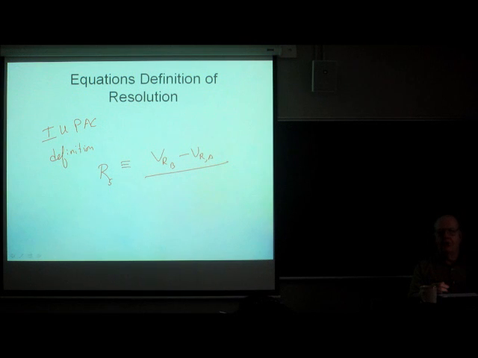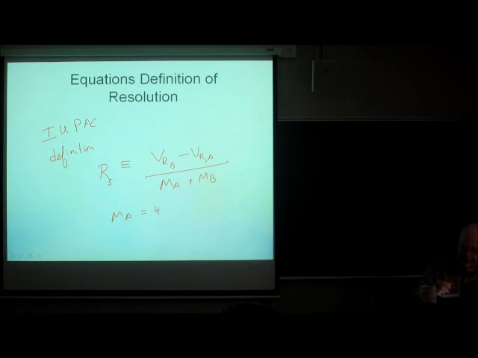Peak B is always more retained than peak A, divided by M_A plus M_B, where M is the baseline width of the peaks. And so M_A is for sigma A and M_B is for sigma B.